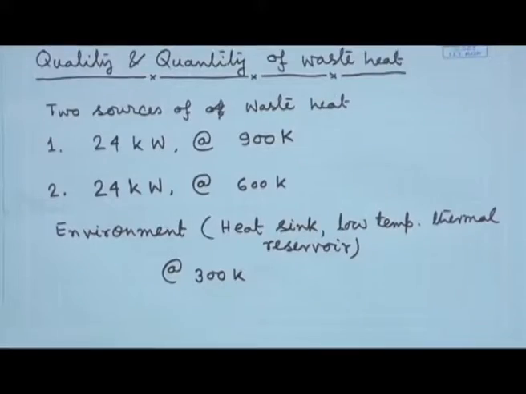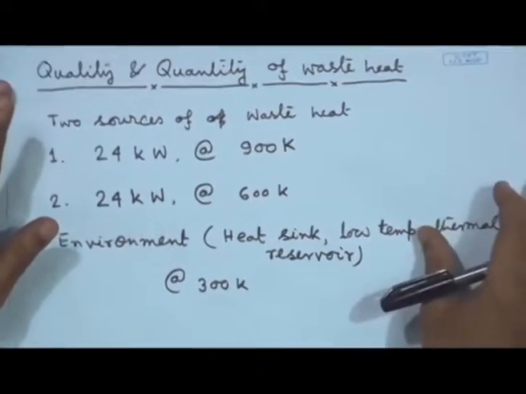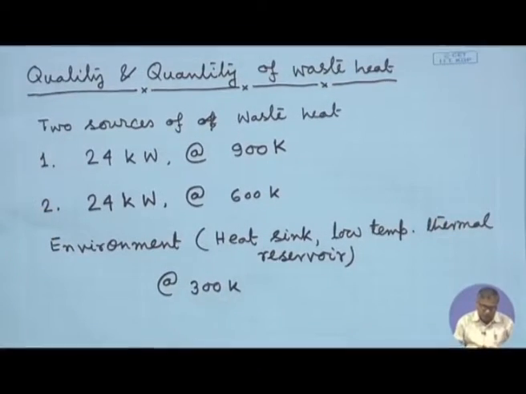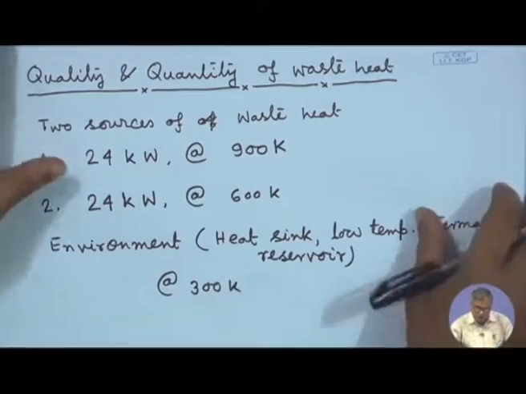Two sources of waste heat, both the sources had 24 kilowatt of thermal energy. The first source is at 900 Kelvin and the second source is at 600 Kelvin, and the ambient is at 300 Kelvin. So, graphically if I try to represent this, it is like this.